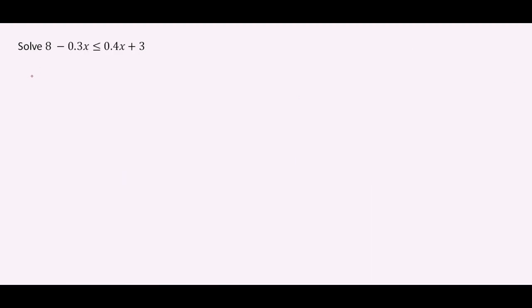8 minus 0.3x is less than or equal to 0.4x plus 3. So I'm just going to add 0.3x to both sides. So 0.4 plus 0.3, we have 0.7. So 8 minus 0.7x is less than or equal to, actually that's incorrect.